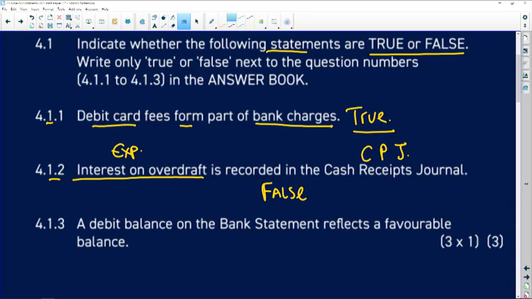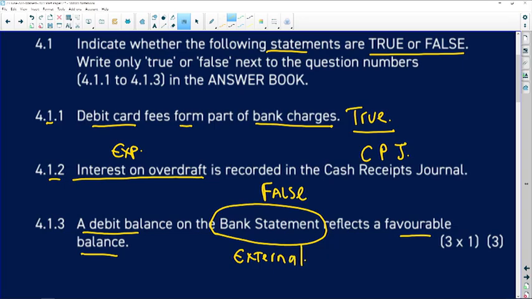Right, and the last statement, 4.1.3, a debit balance in the bank statement reflects a favorable balance. Now, in terms of the bank statement, we know this is obviously external. This comes from the bank, and in their books, debit means unfavorable.